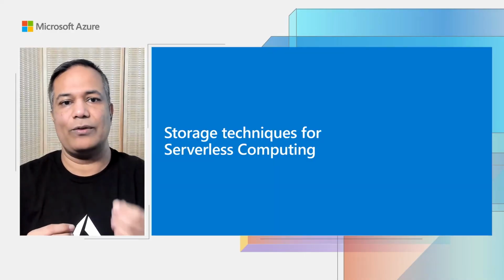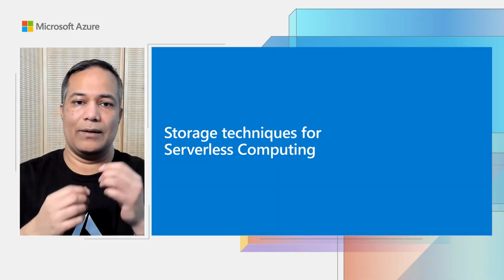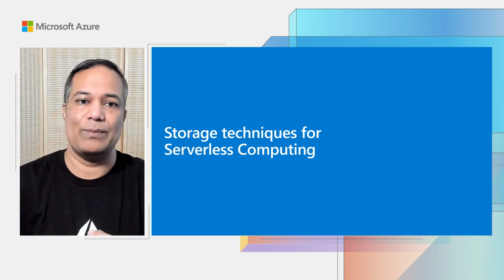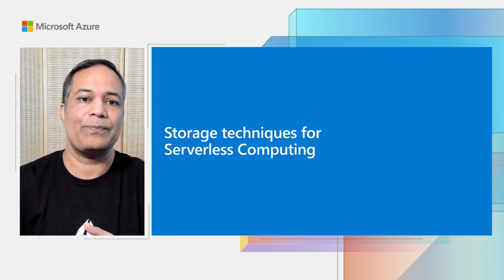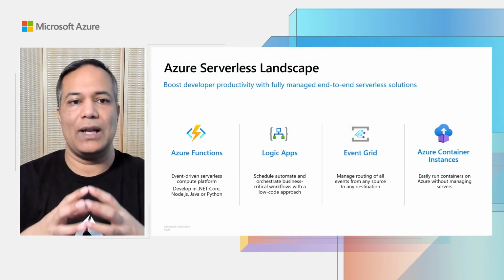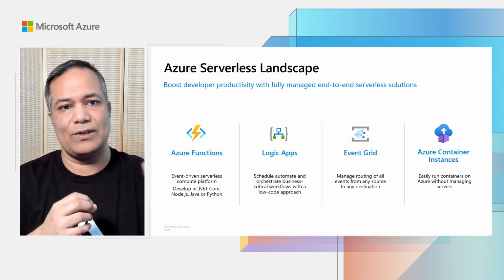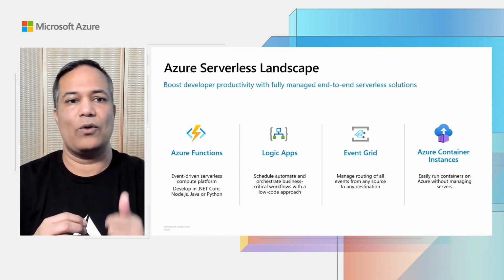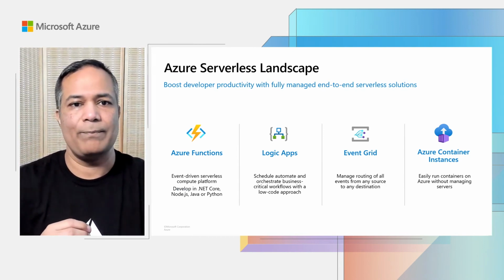All right, so let's talk about the last pattern, which is serverless computing. It's a very powerful and flexible pattern, with a number of different services in Azure that make it easy to build these serverless applications. Azure Functions gives you an event-driven serverless platform, and you can develop your functions in .NET Core, Node, Java, or Python.